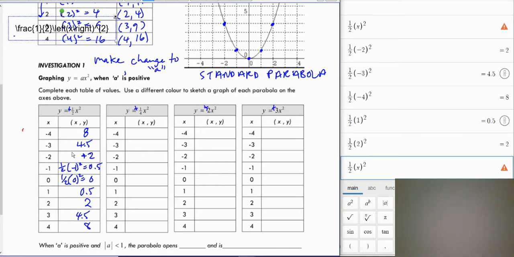Okay, so let's change our number here down at the bottom to 4.